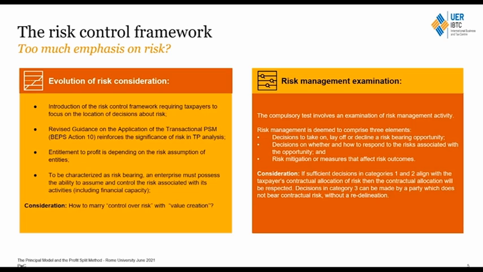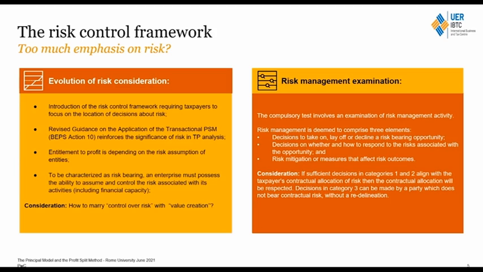And we know that in the OECD guidelines, the risk management analysis comprises an examination of three things. So risk management is deemed to be there if, first of all, the first requirement is satisfied, that is, can I take the decisions to take the risk, to lay off, or to decline a risk-bearing opportunity?